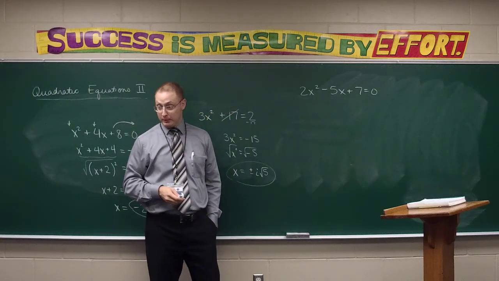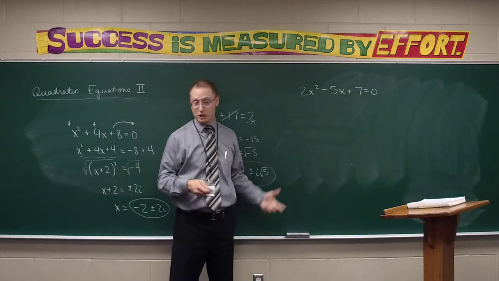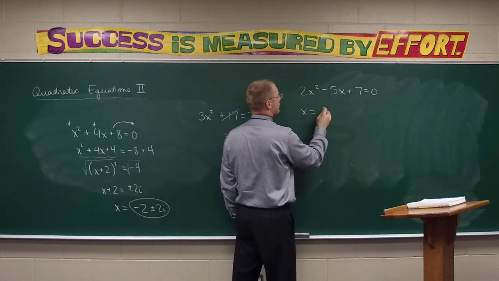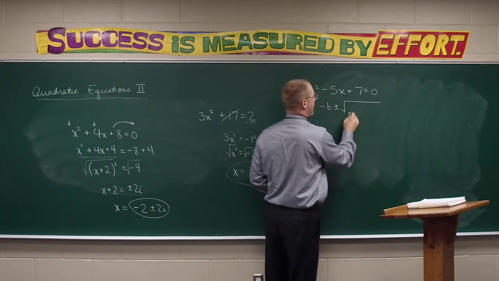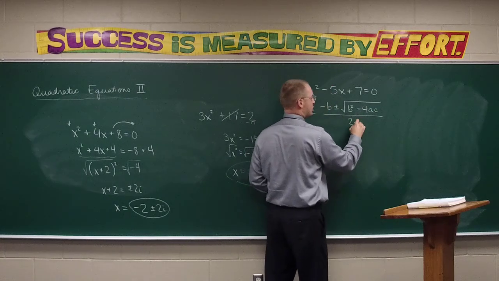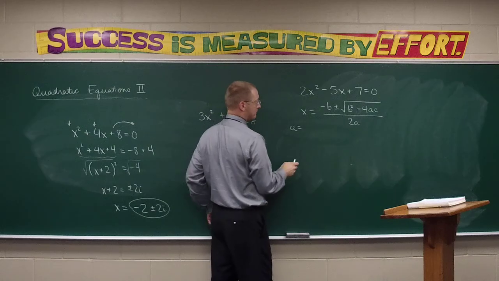Well, I don't want to complete the square. I ain't got a 1, and that ain't even. So I'm not doing that. I'm going to use the formula. Let's say the formula together, class. X equals negative b plus or minus the square root of b squared minus 4ac all over 2a. So what is a? Maddie?